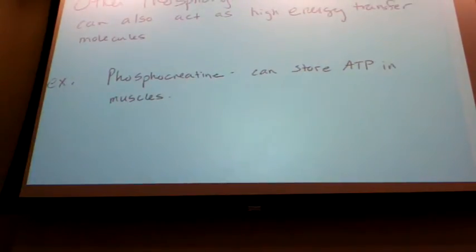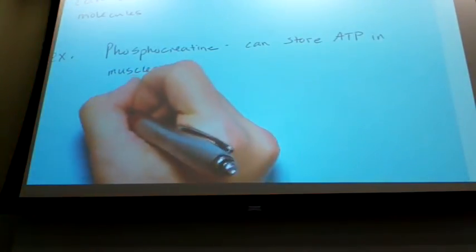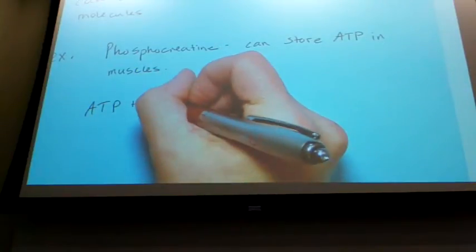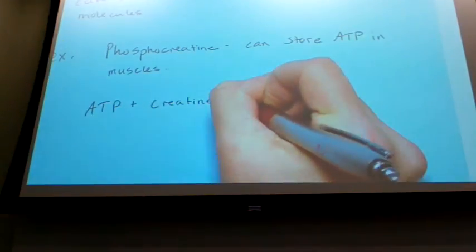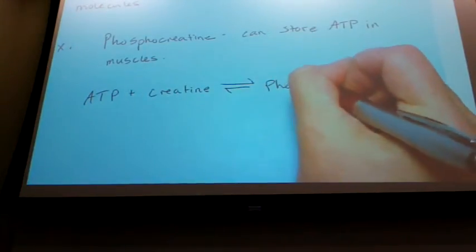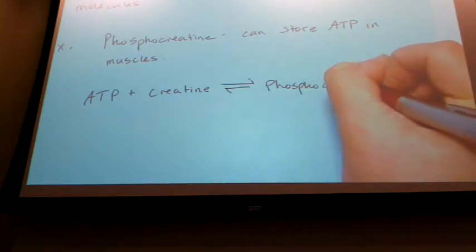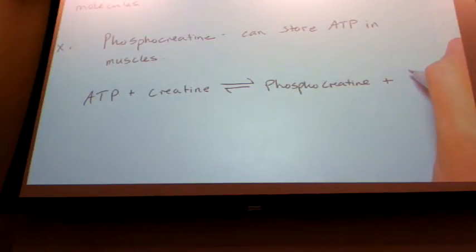It doesn't literally store the ATP, it just stores the energy in ATP. So ATP plus creatine, I can move that phosphate group over to make the phosphocreatine plus ADP.